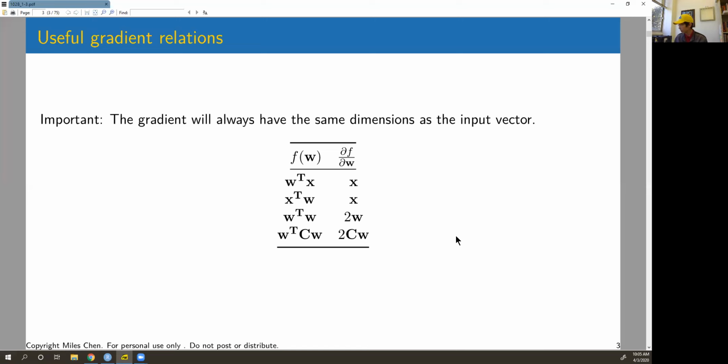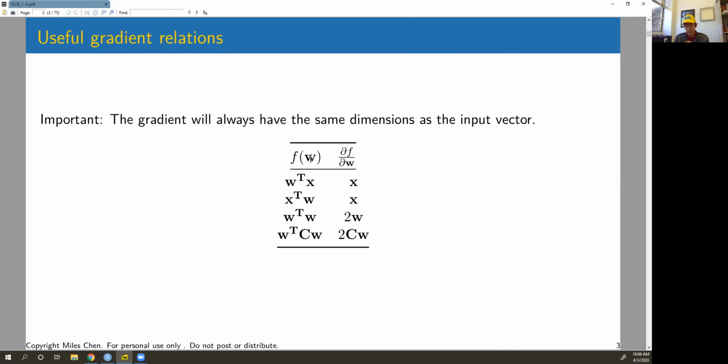One thing to note is that when you find the gradient, the gradient will always have the same dimensions as the input vector. So if our vector W has dimensions k by 1, the function outputs a 1-by-1 scalar, but the gradient is k by 1.